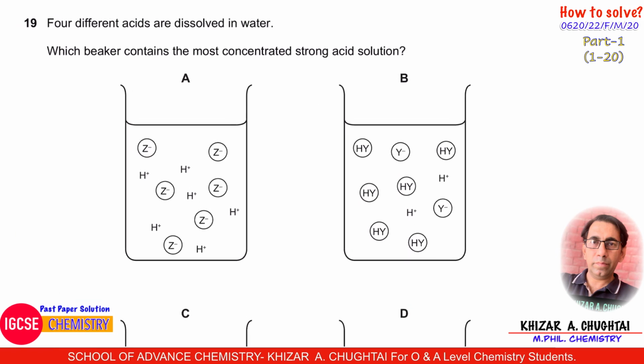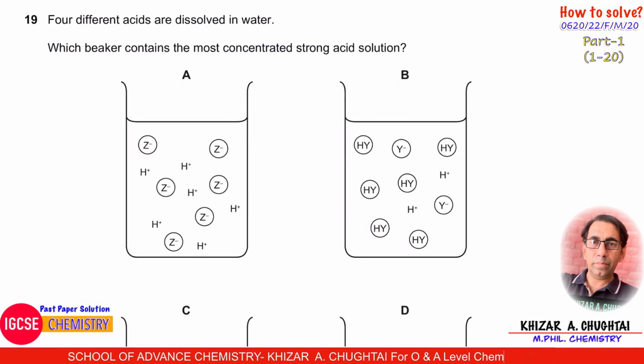Question number 19. Four different acids are dissolved in water. Which beaker contains most concentrated strong acid solution? Two things are over here. Those should be considered very much efficiently. Number 1, concentrated. Number 2, strong. Concentrated acid means having high reservoir of H positive ion and high quantity of molecules.